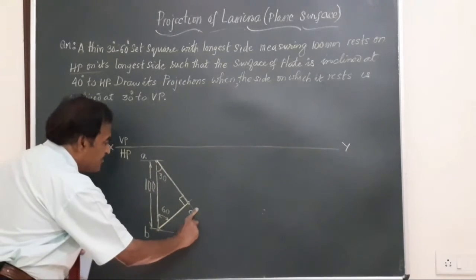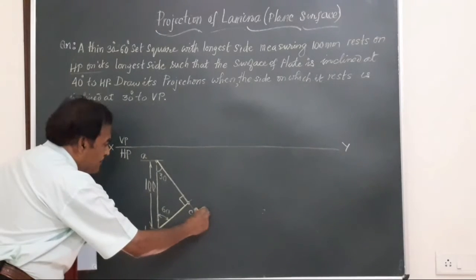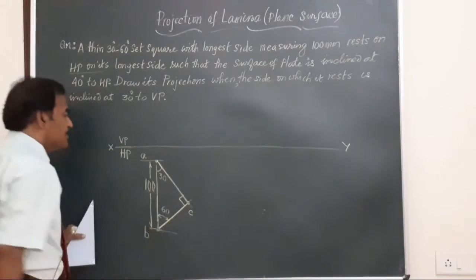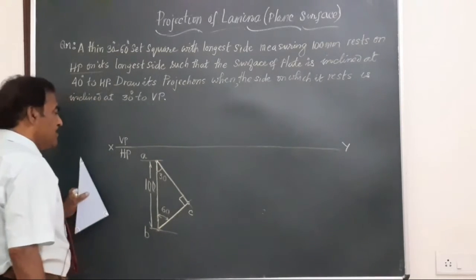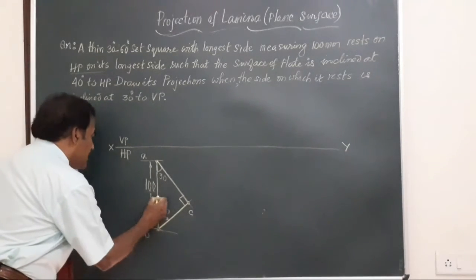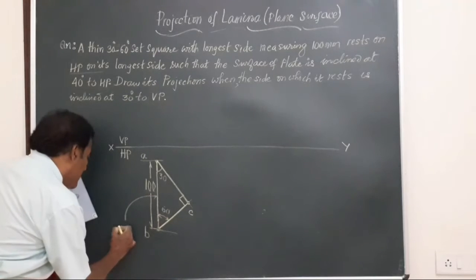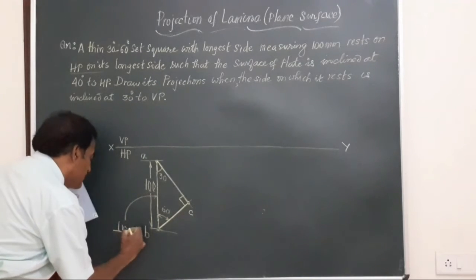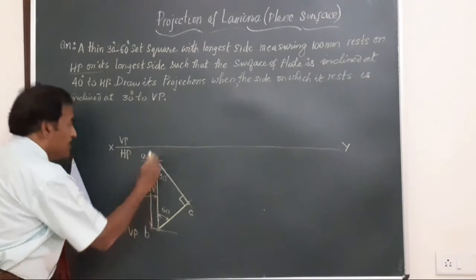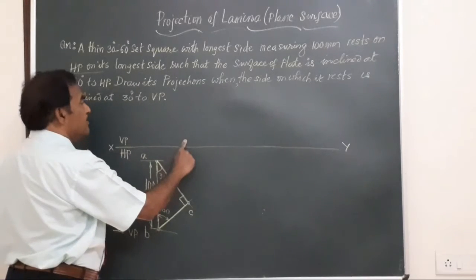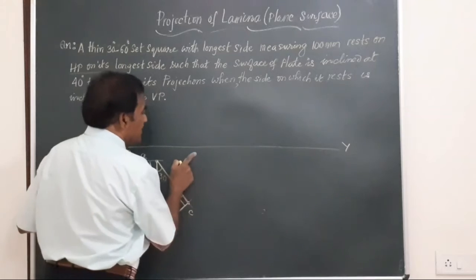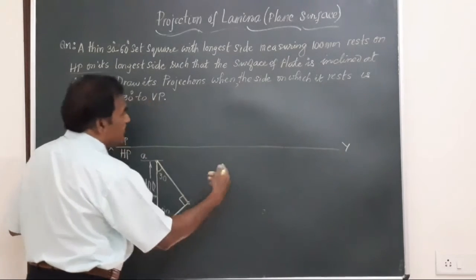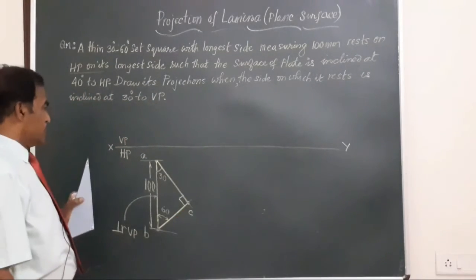So we have successfully completed drawing of this triangular plate, that is a 30 degree set square, where this side AB is perpendicular to VP. If it is like this, perpendicular to HP. If you have a line like this, it is inclined to HP. A line like this, inclined to VP, and so on.